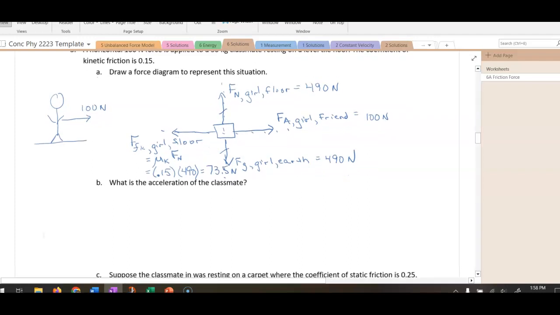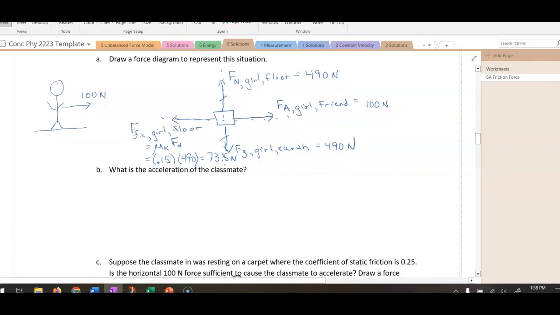Okay, so now it's asking me the acceleration. To find the acceleration, I need to find the net force in the direction of motion. We're talking about the horizontal direction, right? She's not moving vertically. And so the net force would be the applied force minus the kinetic friction, which would be 100 newtons minus 73.5 newtons, which would be 26.5 newtons.